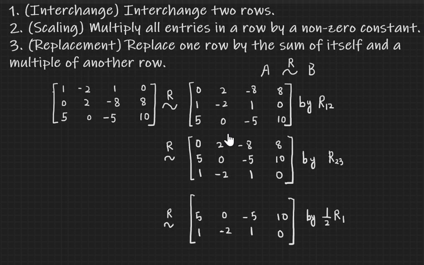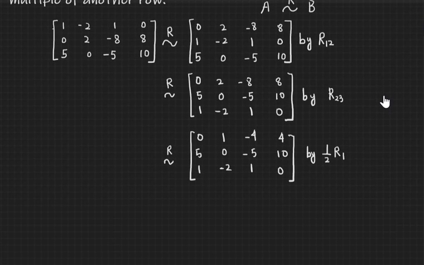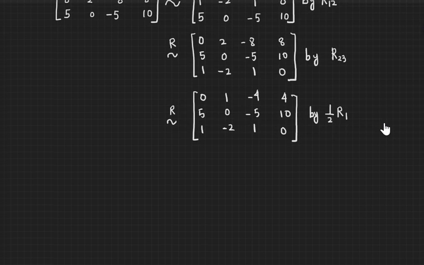So 0 times 1/2 becomes 0, 2 times 1/2 becomes 1, -8 multiplied by 1/2 becomes -4, and 8 multiplied by 1/2 becomes 4. So this is how we apply the second elementary row operation, which is multiplication of a row by a non-zero scalar. Okay, let's work out this elementary row operation again.